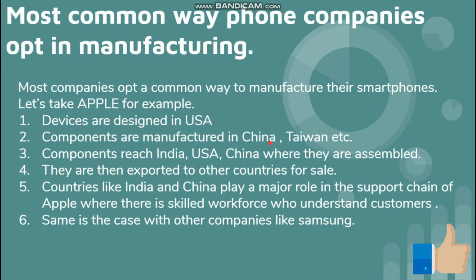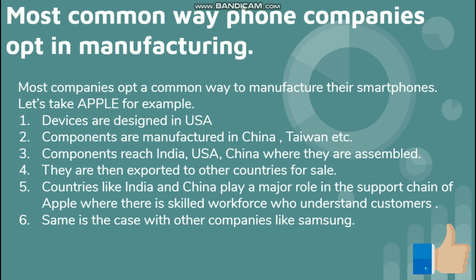So, what is the most common way that phone companies opt for in manufacturing? Most companies opt for a common way to manufacture their smartphones. Let's take Apple for example. Apple devices are usually designed in the USA, while the components are manufactured in other countries like China and Taiwan, for various factors like how much benefit Apple can get from it.